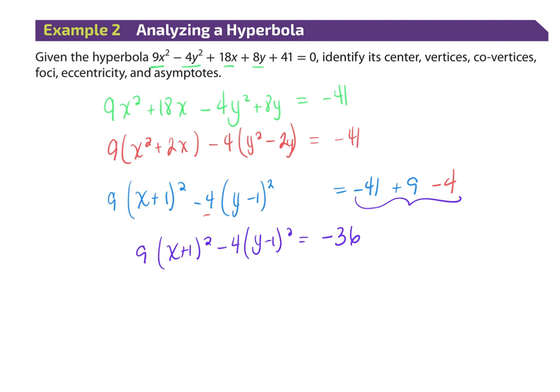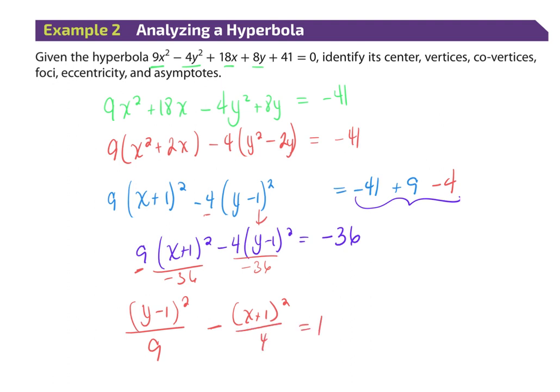When I divide all of this by a -36, then all of a sudden, this is my positive guy. And so I have y minus 1 squared over my 9. That's my positive. This becomes my negative group, minus x plus 1 quantity squared over 4. That equals 1. And so pay attention to your positives and negatives.